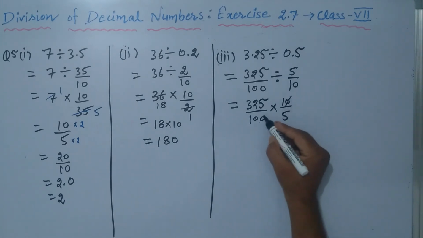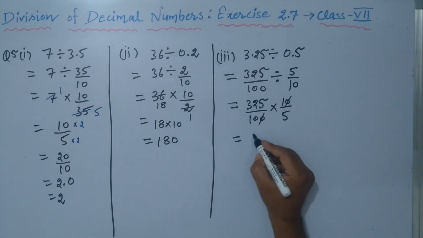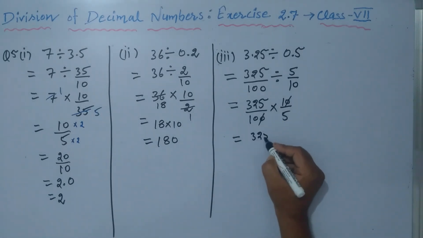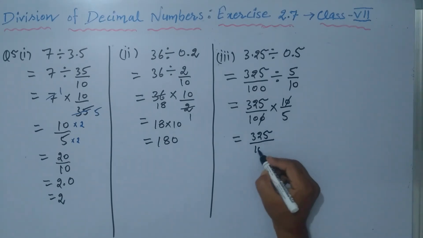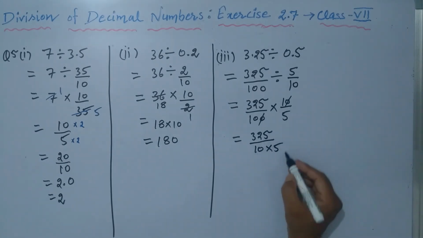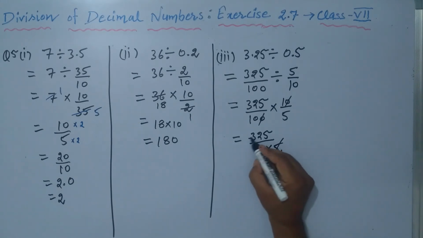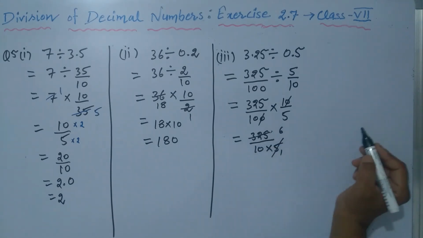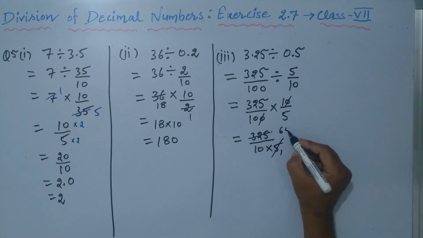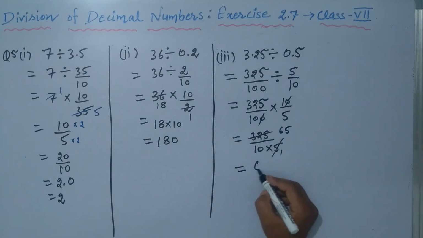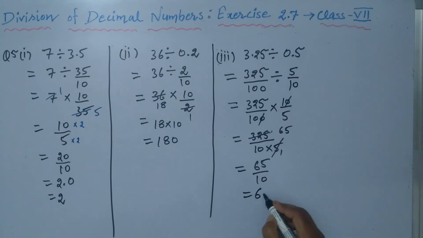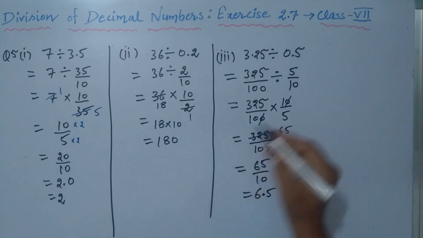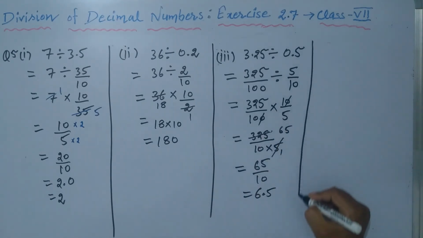So 1 0 cancel. 325 divide 10 into 5. 5 ones are 5, 5 sixes are 30, 5 fives are 25. 65 upon 10 equal to 6.5 is the final answer.